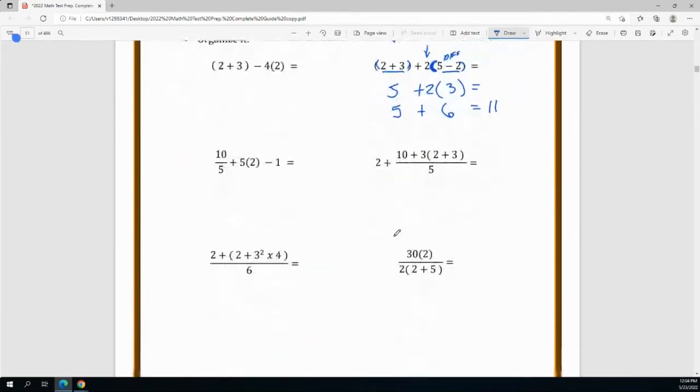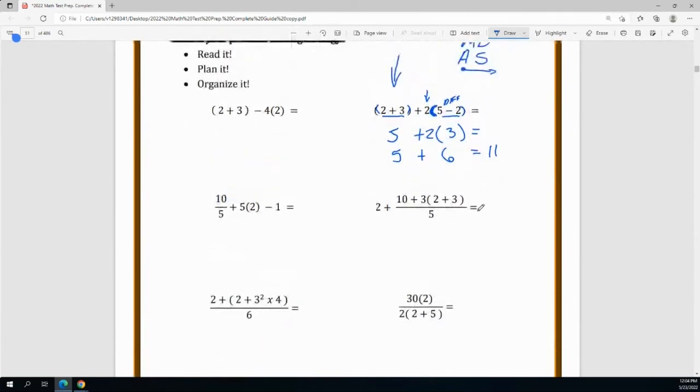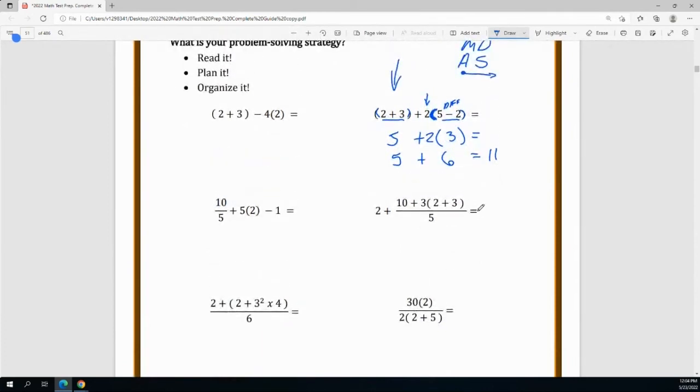Look at the one below it. You'll notice that as we continue, like I said, to get a little further in your mathematics, your math problems will start to change a little bit, but we always follow the order of operation. Notice on this one, you have the number 2, and you're adding it to actually a very big division problem.